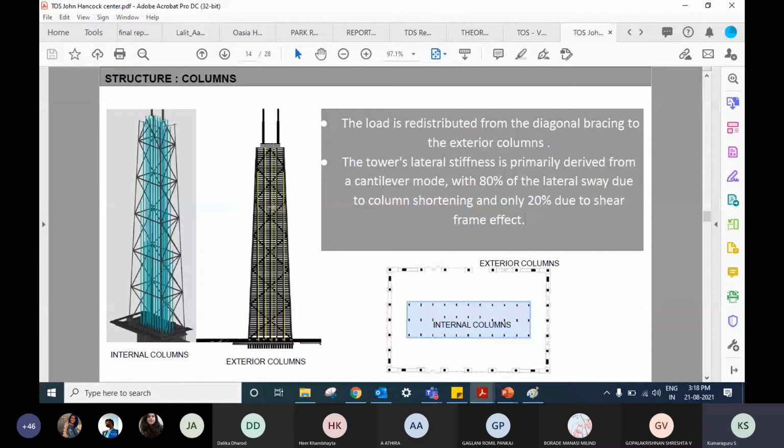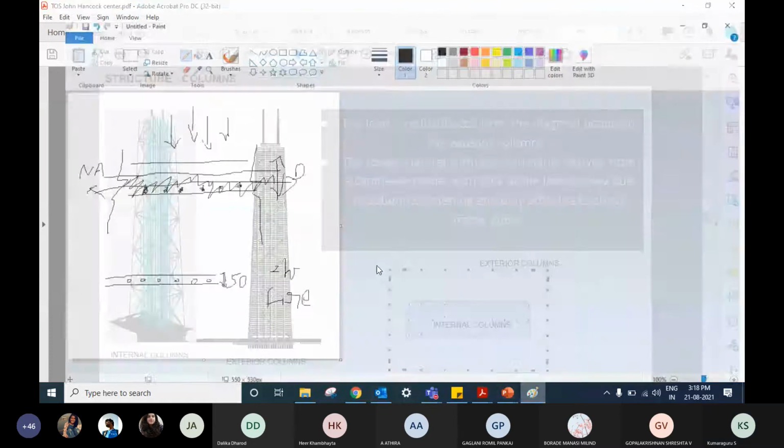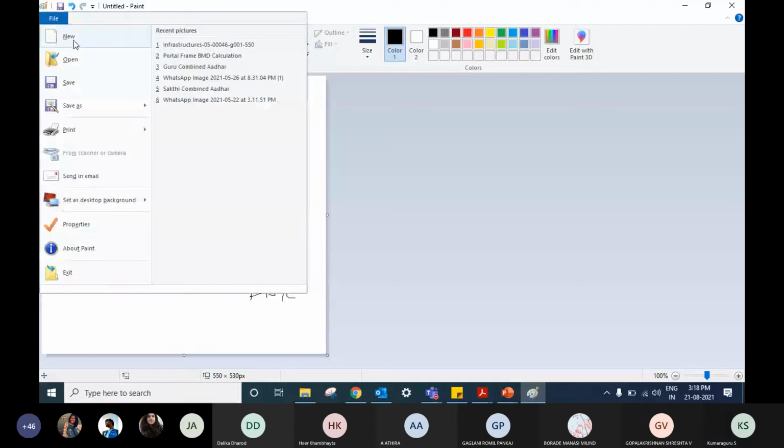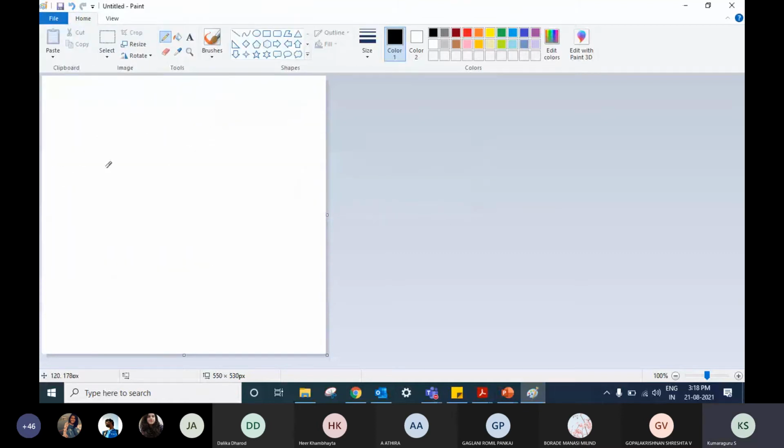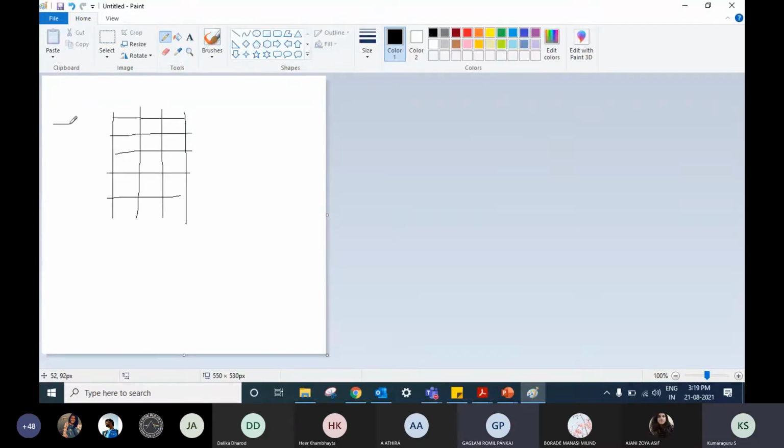So what happens is, see, there are two systems, right? One thing is you have a beam-column system.